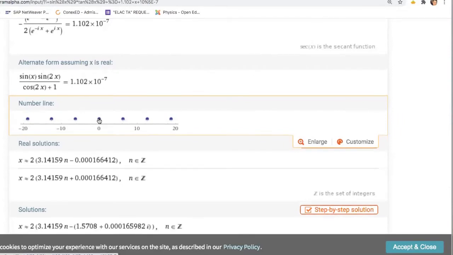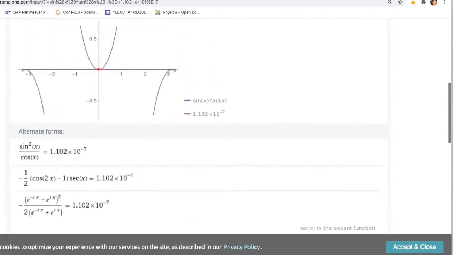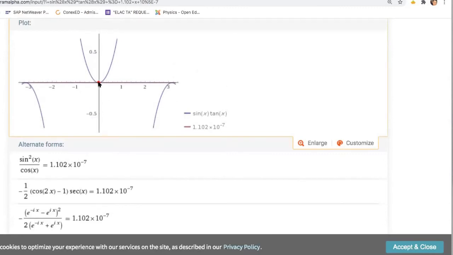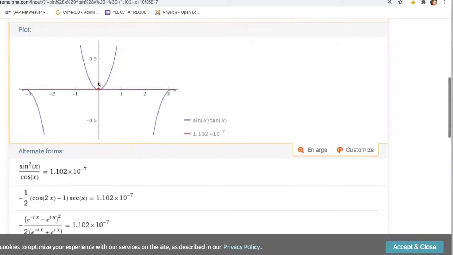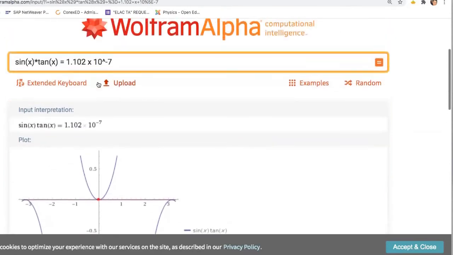What was it? 0.000332824. Yeah, that's the number. That's probably radians, right? I think that is radians. Yeah, it should be radians.